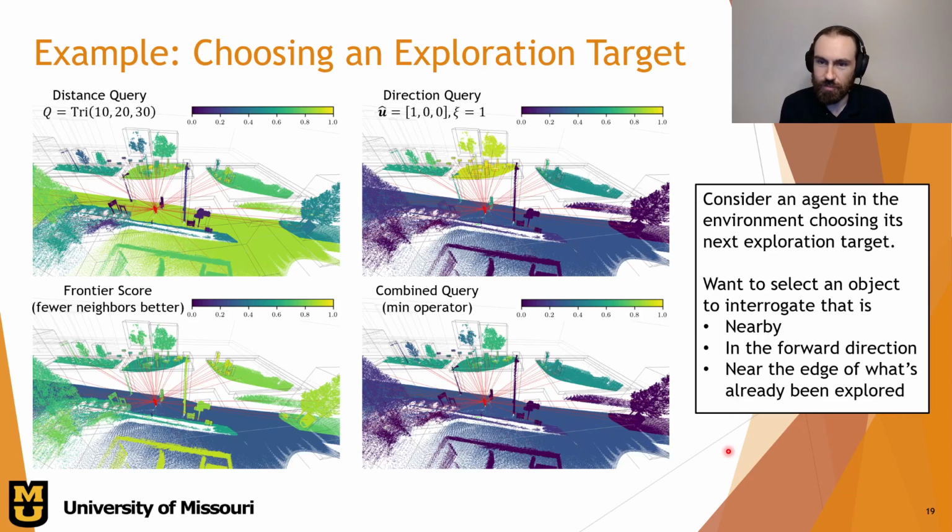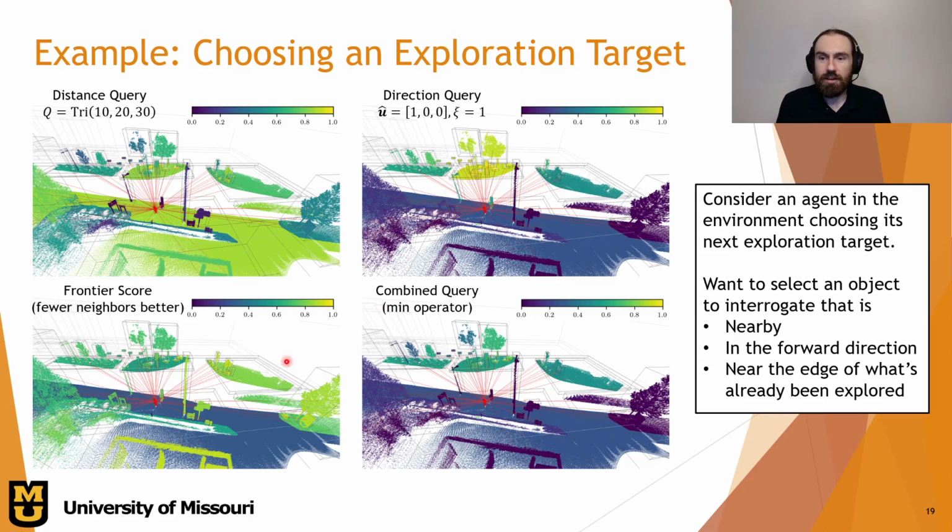So here's a bit more general case. We might want to have a robot that's exploring the environment and wants to choose its next exploration target. So it wants something that's not too far away, in the forward direction, and also near the edge of the explored space. So we can start to include other criteria that might not be strictly distance or direction.